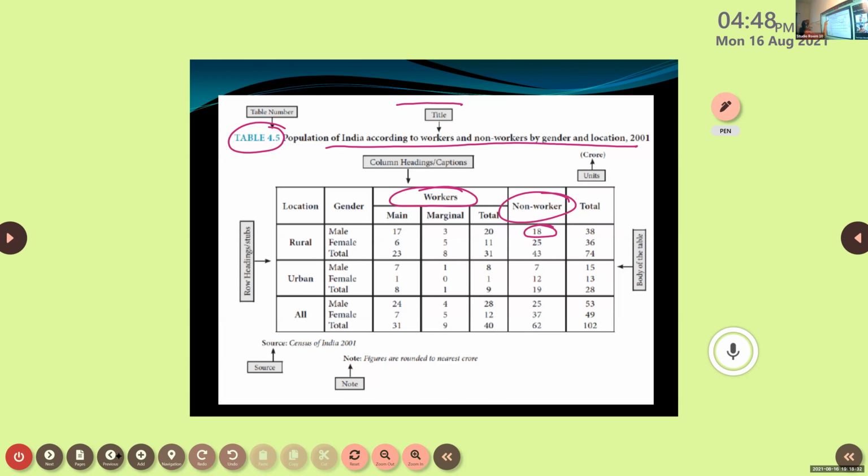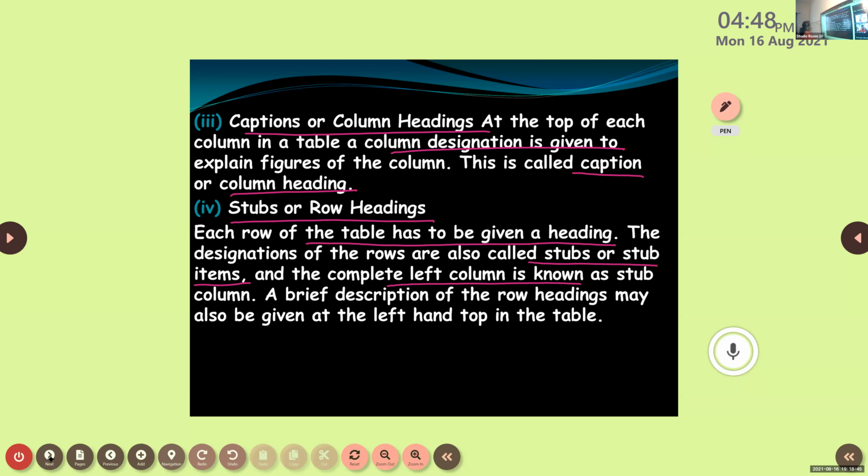Here you can see, if you consider this as a column, this is the stub column where we are entering the stub headings, the row headings. There we give the description of the row heading.